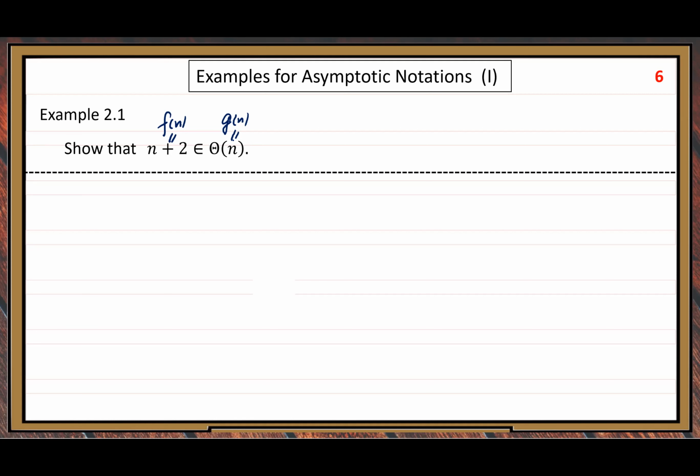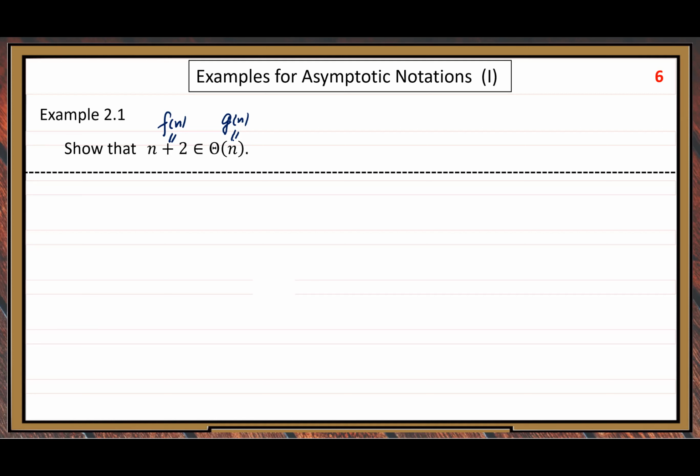In our limit way, we have case number 2: we can calculate the limit of these two functions and see if the ratio equals a non-zero constant c. If it is a non-zero constant c, then we have the big theta conclusion.